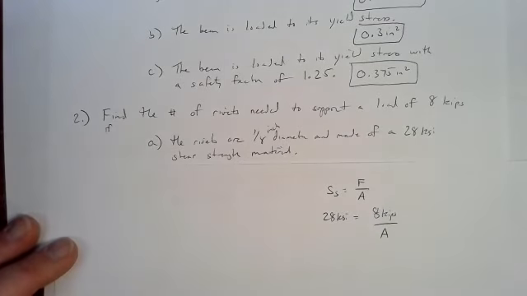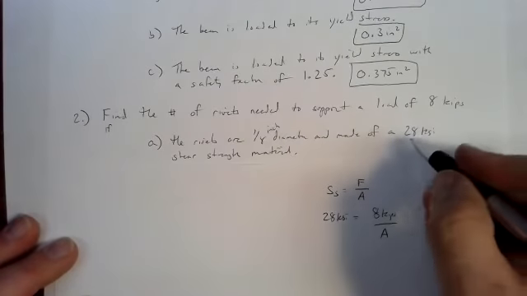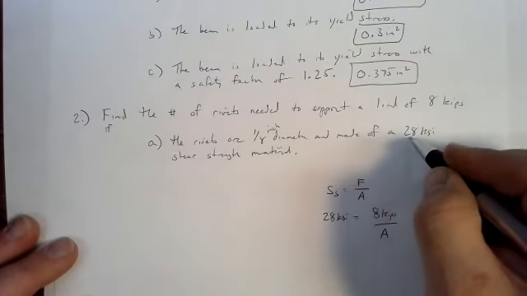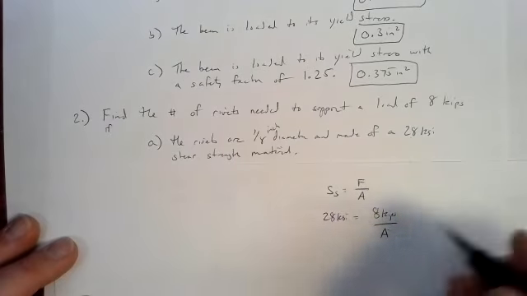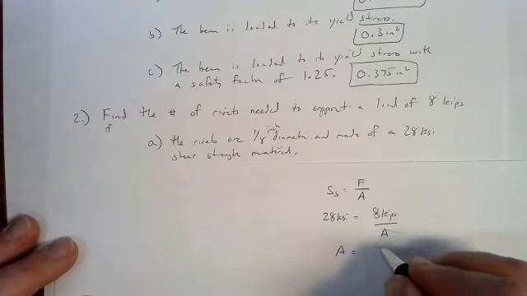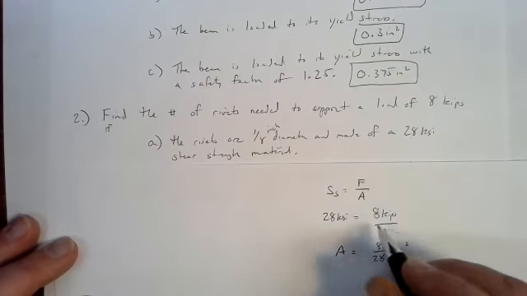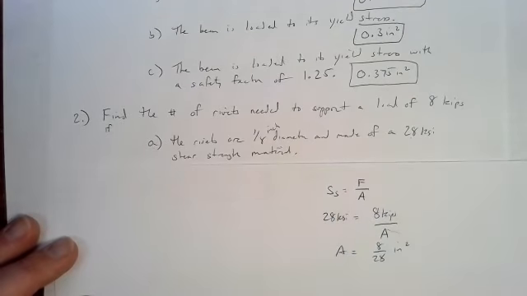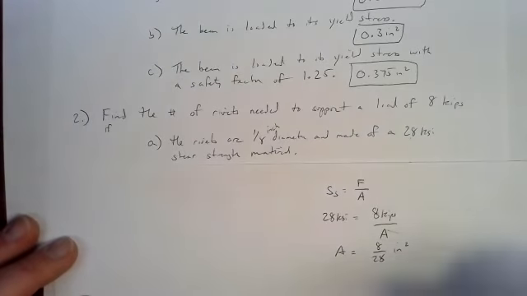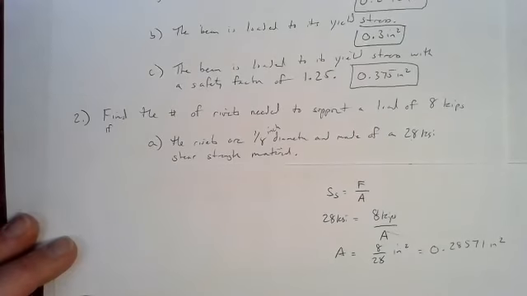So that'll tell us how much area we need from a material that can handle a maximum of 28 KSI. So if we cross multiply, the area will be 8 over 28, again, square inches. And so you have kips and KSI lining up. So you have 8 and 28. So that's going to be 0.28571 square inches.